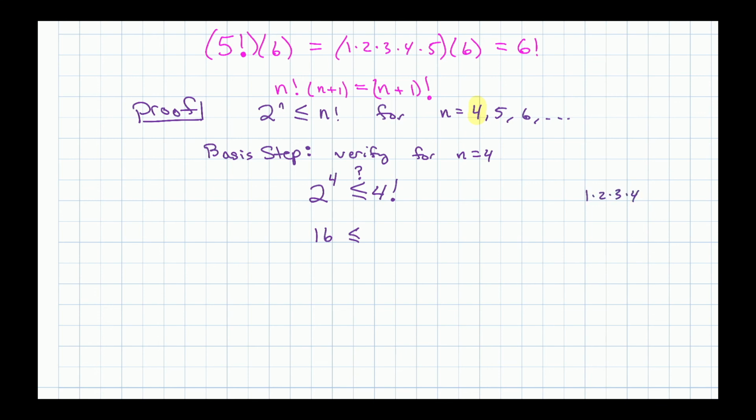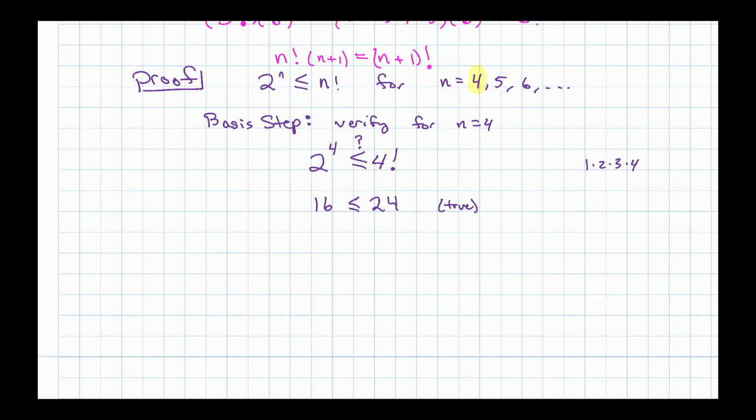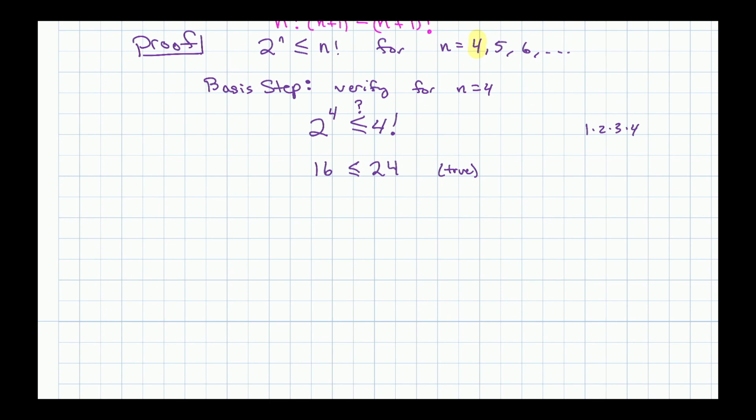So 2 times 3 is 6, 6 times 4 is 24. So 4 factorial is 24. I look at that, and I see that that's true. And so I am done with the basis step. Basis steps are usually real easy like this. Okay, inductive step. That's usually where the work is.